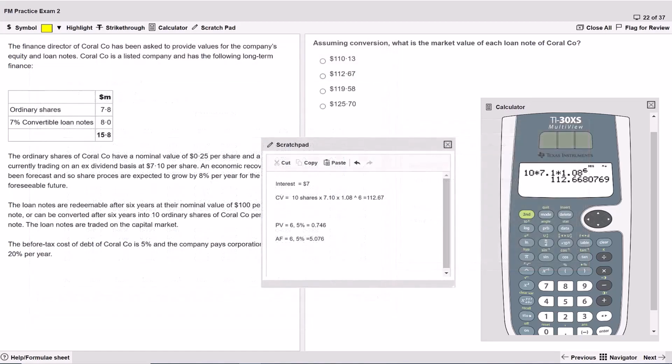So I'm timesing that conversion value by the 0.746. And then I'm going to add the $7 interest timesing by the annuity factor of 5.076. So the answer is 119.58. Excellent, my answer is there.